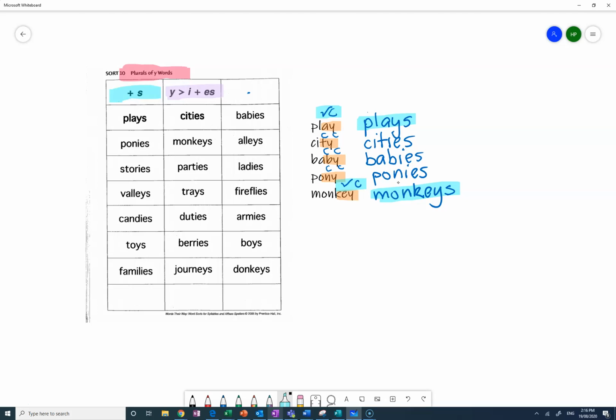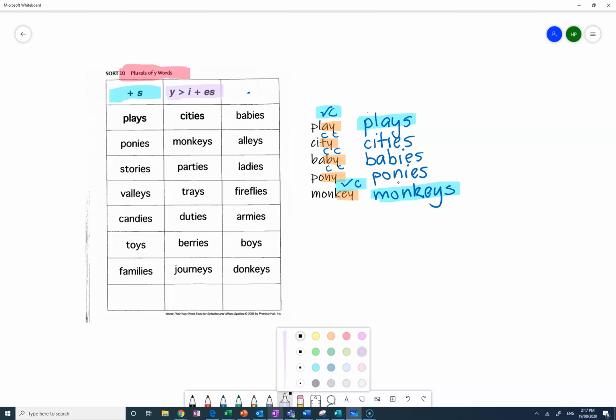Now, if you are thinking that they are a vowel followed by a consonant, you would be correct. They have the same spelling pattern. So, if you have a word that has a vowel followed by a consonant, you just need to add an S.